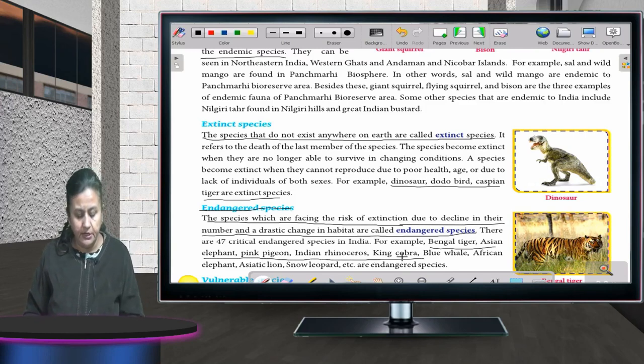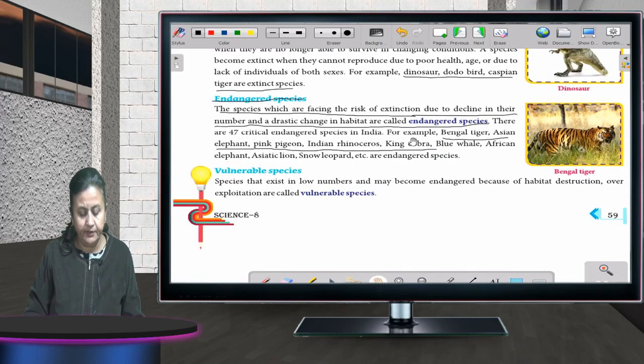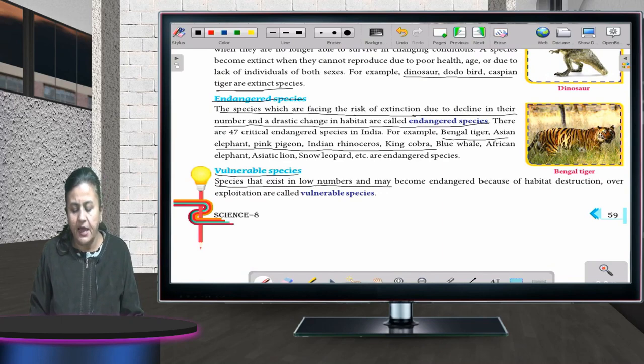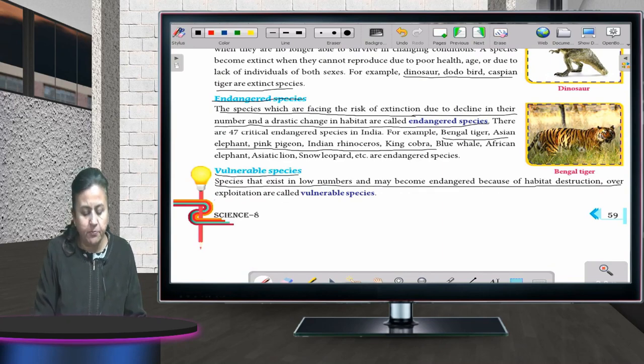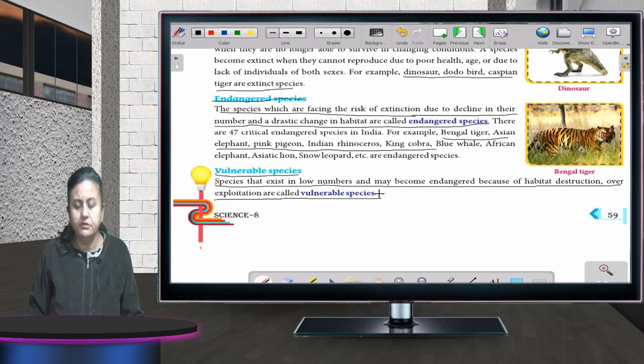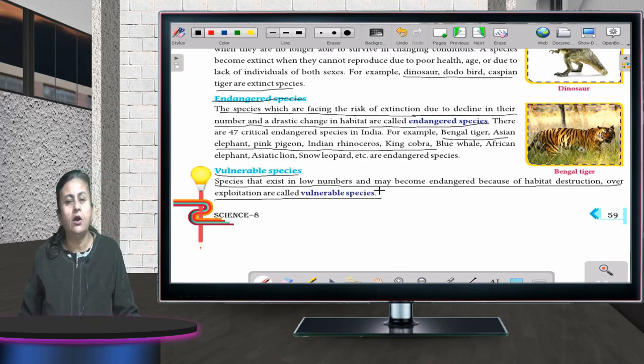Fine, children. Now we'll talk about vulnerable species. What are vulnerable species? The species that exist in low numbers and may become endangered because of habitat destruction and over exploitation are called vulnerable species.